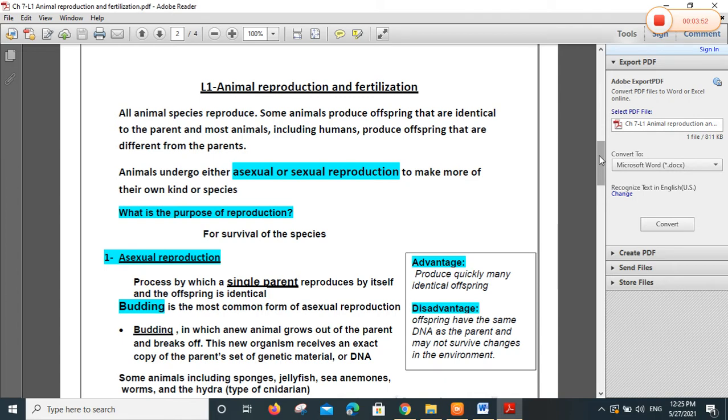So offspring with identical form may not survive a change in the environment. This acts as a disadvantage. Offspring have the same DNA as the parent and they may not survive changes in the environment.